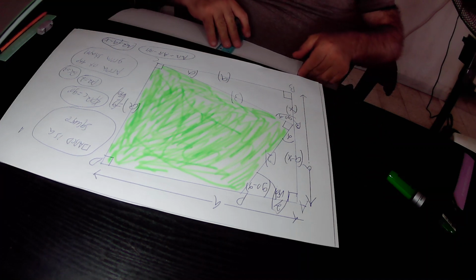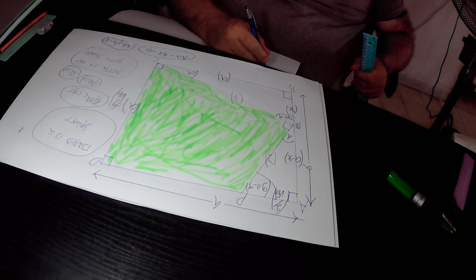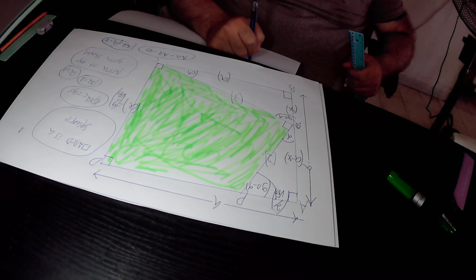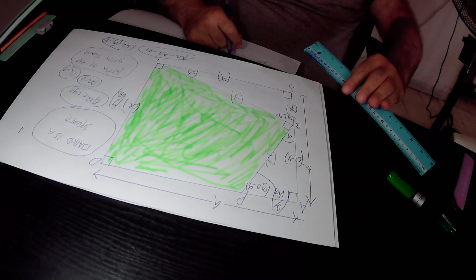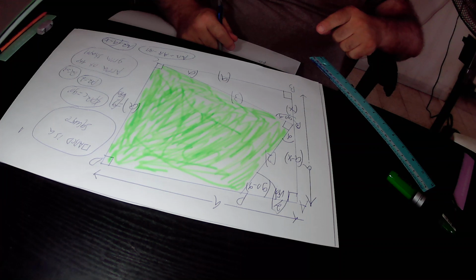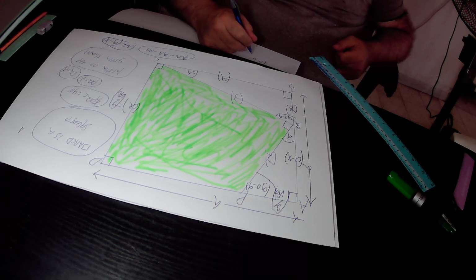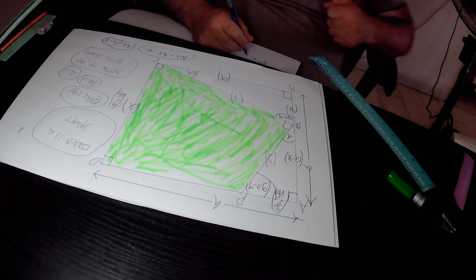So write it down. PD equals AD minus AP. PD equals AD, that is a, minus AP, that is 2 over square root of 10.